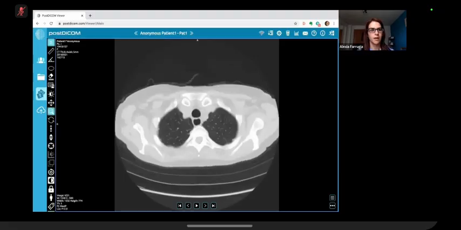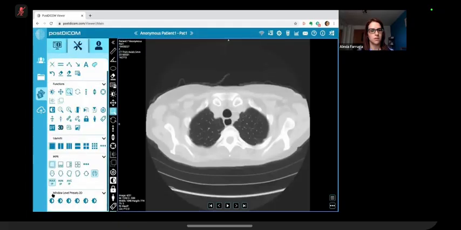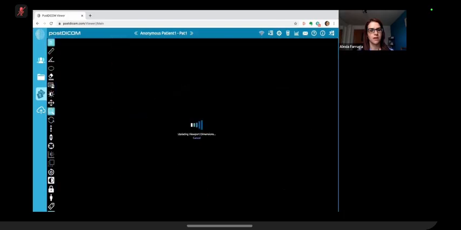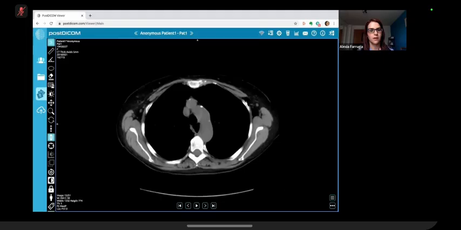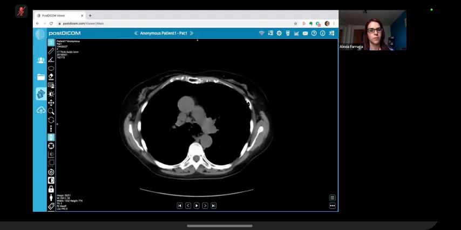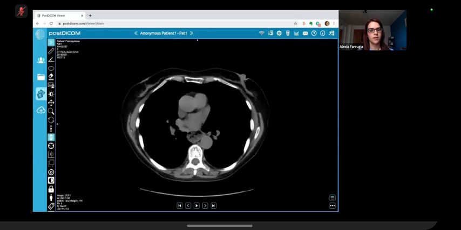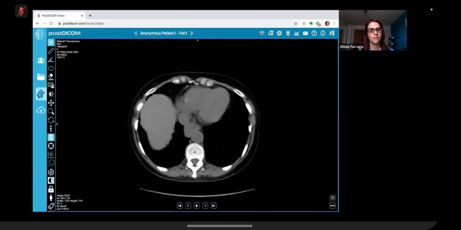And now I'll go to the mediastinal windows and have a look at the mediastinum. See if anything catches your eye there.